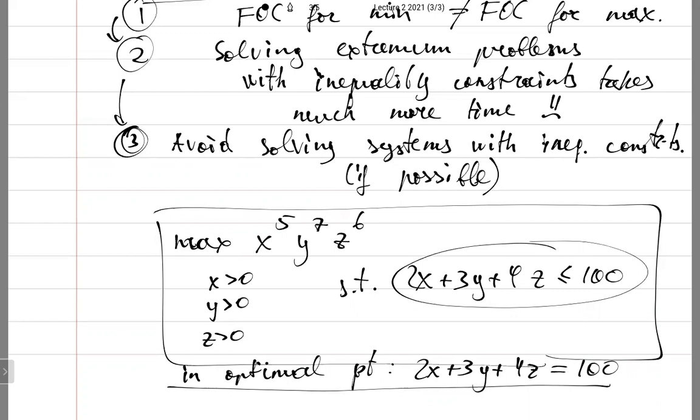Believe me, many students ignore this possibility. We need to make the product bigger, so we need a bigger value of x. If at the optimal point 2x plus 3y plus 4z is strictly less than 100, then we have the opportunity to increase x, and that's not the optimal point. At the optimal point, we don't have the opportunity to increase the value of x without reducing the value of y and z.